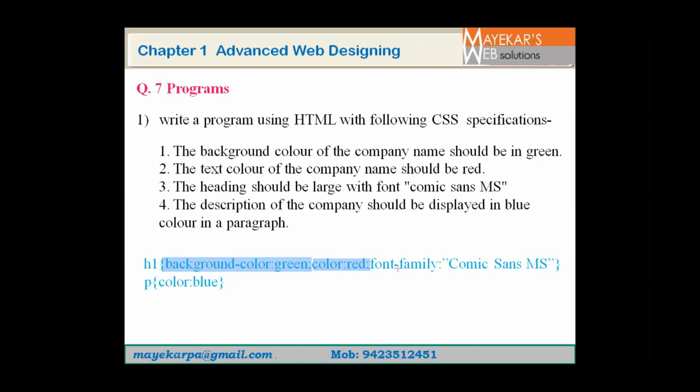For the paragraph, I have created a selector for the P tag, which is used to create a paragraph. So here I am selecting the selector P, then opening and closing curly brackets. In the curly brackets, we are using color colon blue. So blue color will be applied to the text. Now let's start to write the program.